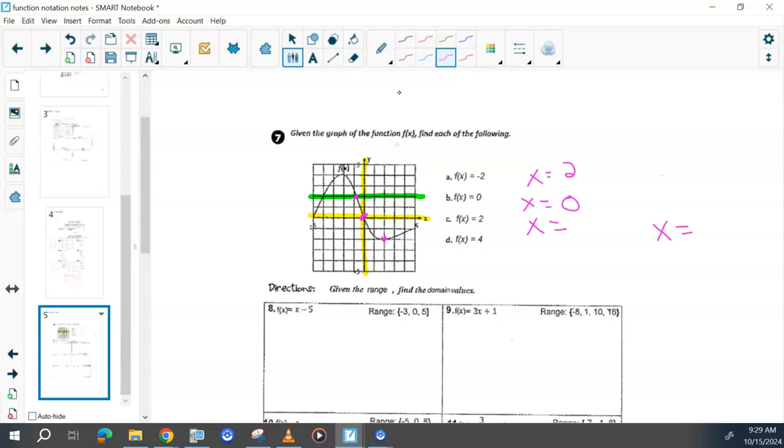But then the other one is not negative 3, but negative 4. What decimal could we make up for that one? Yes, negative 0.8. Okay, and then when y is 4, what is your x value?